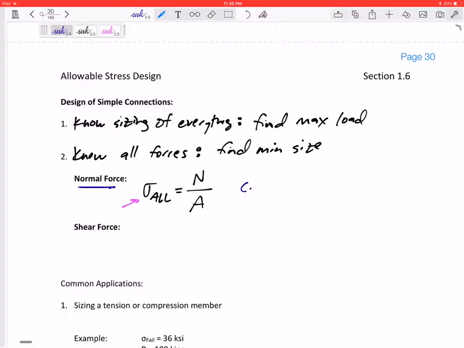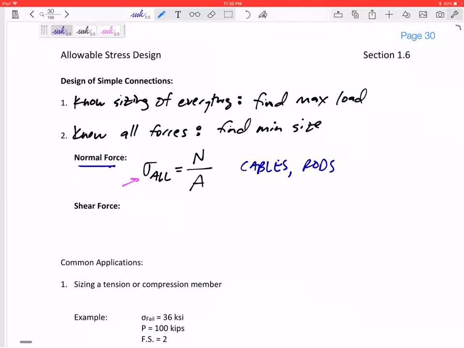So for cables and rods, you need to make sure that the normal stress doesn't exceed the allowable. But then sometimes you need to be looking out for the shear force and make sure your allowable shear stress isn't exceeded.